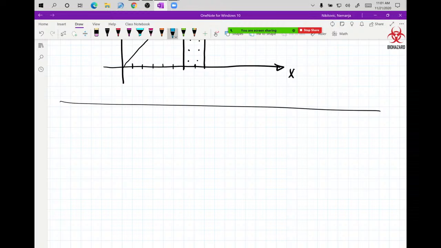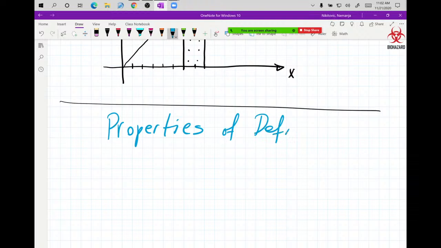Properties of definite integrals. All right. These are just a few formulas. Some of them are quality of life.